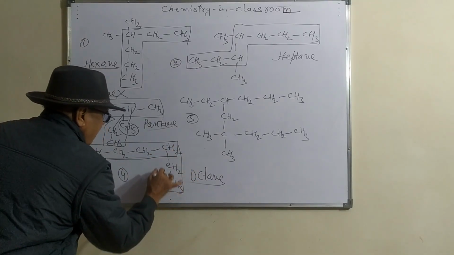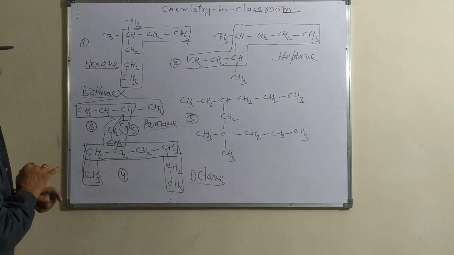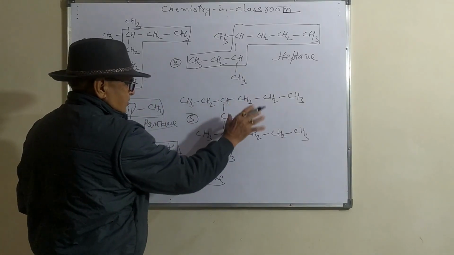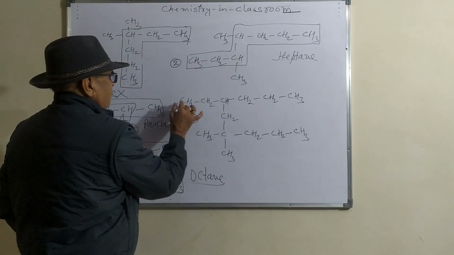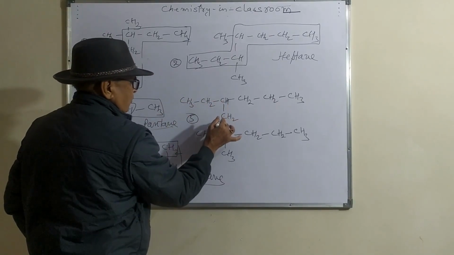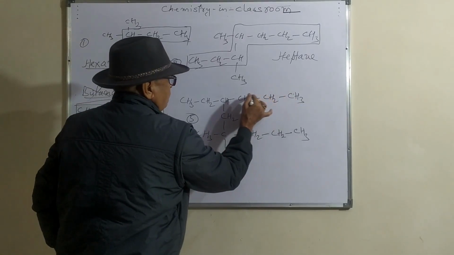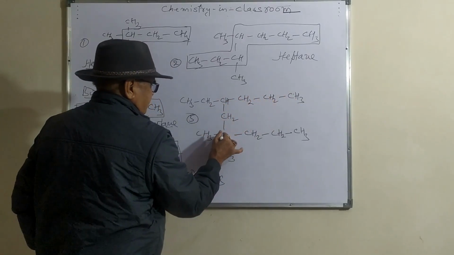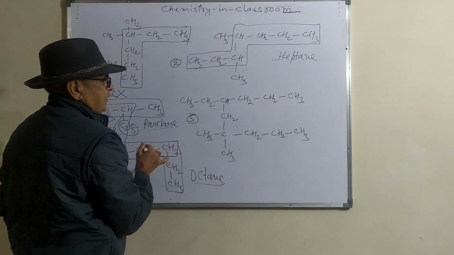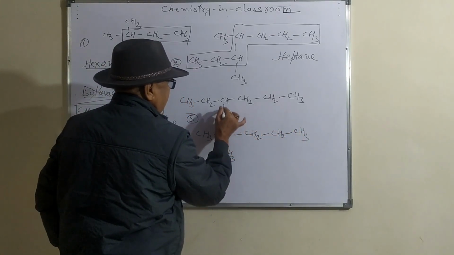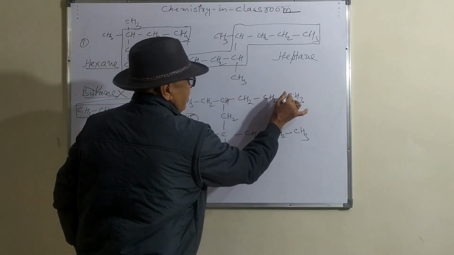This is the way. How will you select the longest chain? Again, suppose this is the structure of this compound. 1, 2, 3, 4, 5, 6, and 1, 2, 3, 4, 5, 6, 7. Here 7. Again count 1, 2, 3, 4, 5, 6, 7, 8, 9.